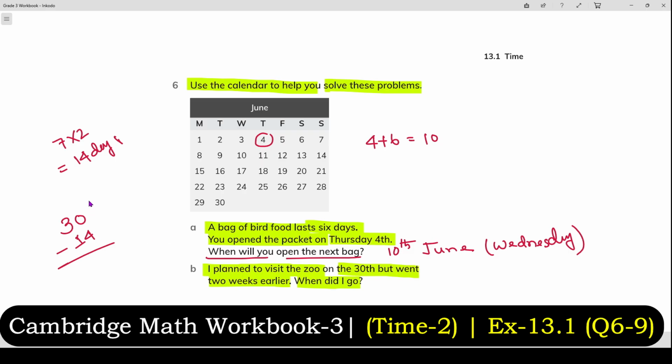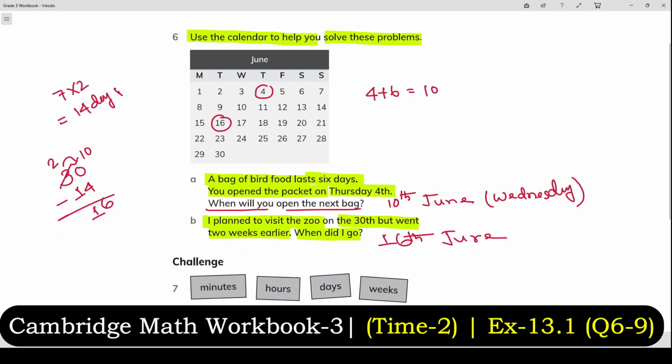Taking 1 from the 3 makes the 0 into 10, so 10 minus 4 is 6. The 3 becomes 2, and 2 minus 1 is 1. So our date will be 16, the 16th of June.